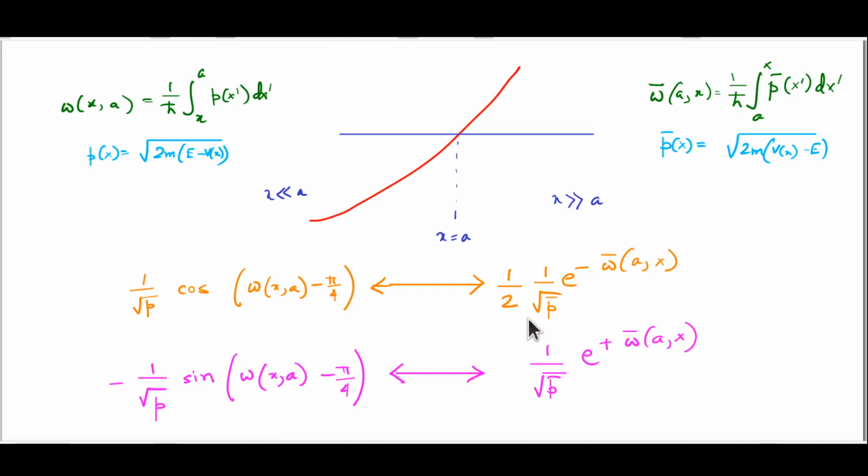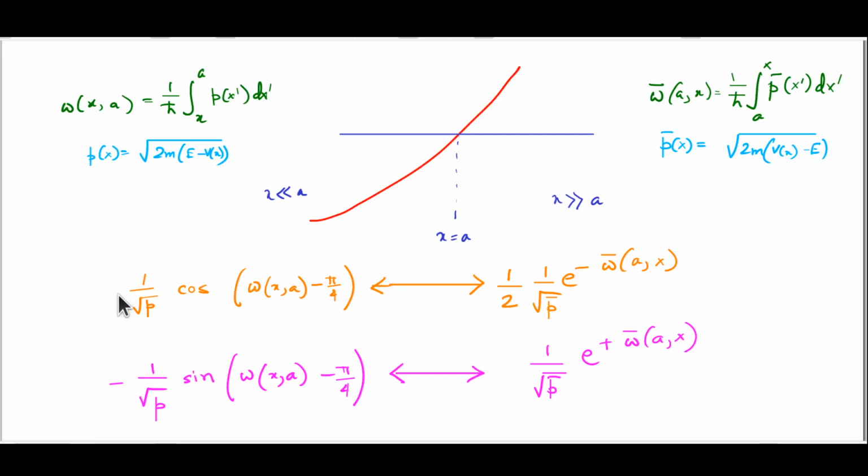Of course, you could also say that you have a 1 here and a 2 on this side. It's just a matter of connecting the two results properly. The increasing exponential, on the other hand, is e to the w bar a comma x with a plus sign by root over p bar, and that connects to sine of w x comma a minus pi by 4 times 1 by root p with an extra minus sign.